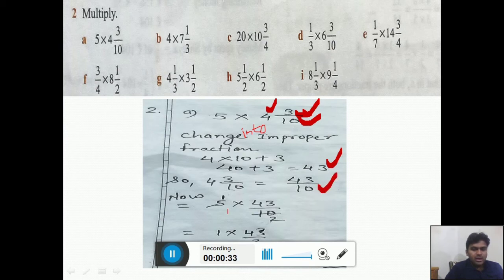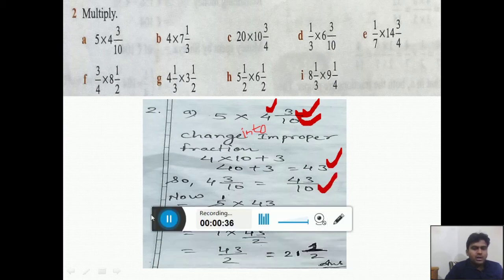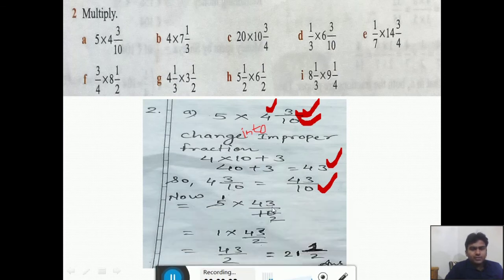Now multiply the 5 with 43 upon 10. So this 5 and this 10 can be simplified. 5 1s are 5 and 5 2s are 10. And now we are left here with only 1, and here we are left with 43 upon 2.